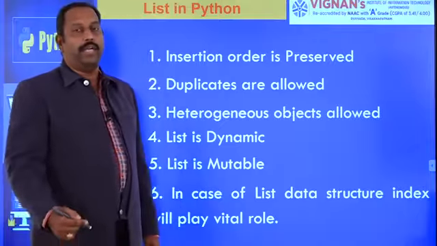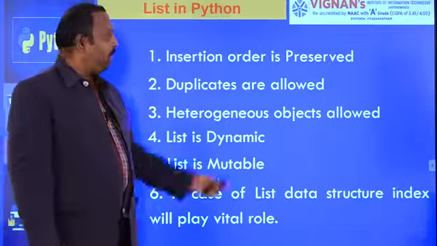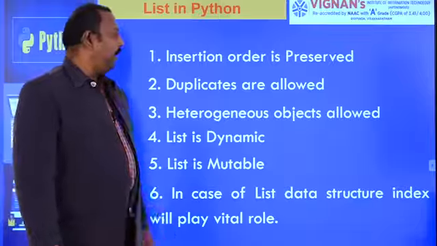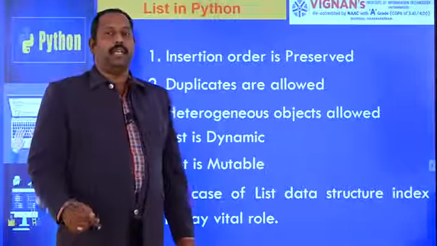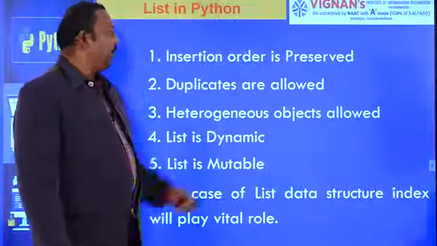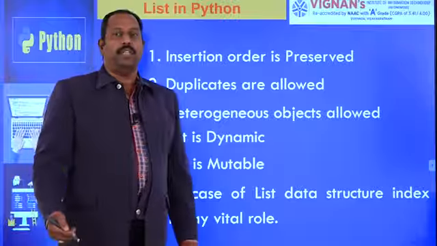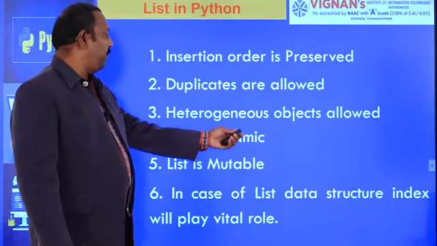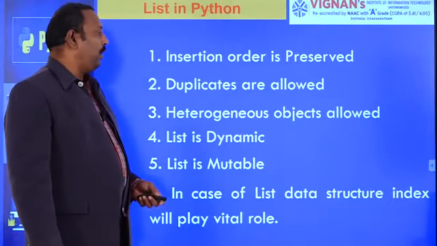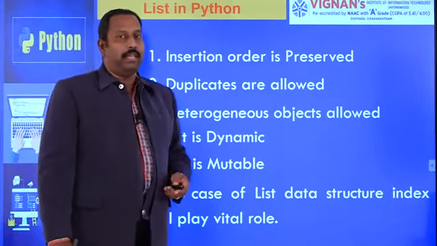We can also enter duplicate elements into a list data structure, and it is a collection of heterogeneous objects. That means it is a collection of different types of objects: we can store an integer, a float, a string. Like this, different heterogeneous objects can be stored in a list data structure.